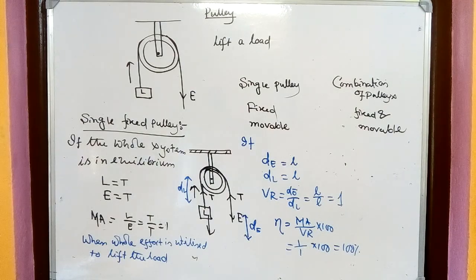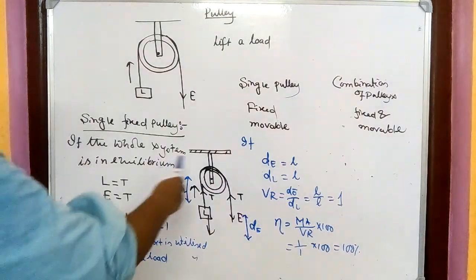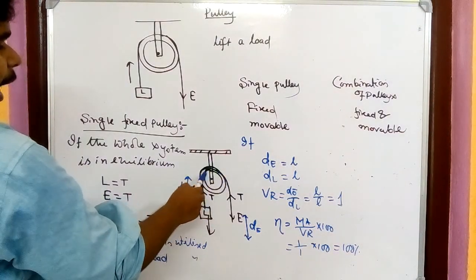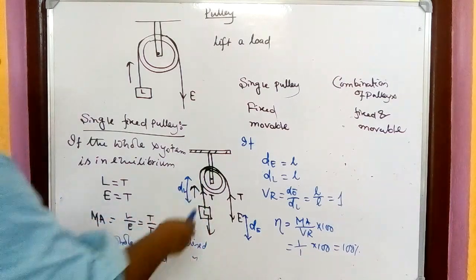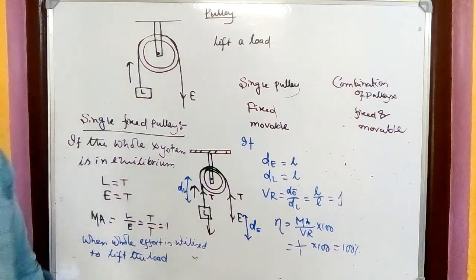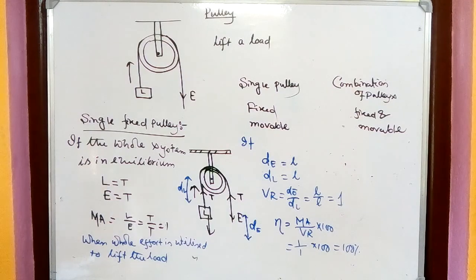But we know no instrument has 100% efficiency, and for the pulley it is not possible because much energy is lost due to the friction between the string and the wheel, and the friction between the axle and the wheel, the axle rod just passing inside the disc and the wheel.